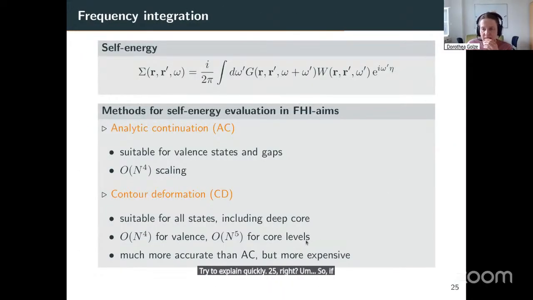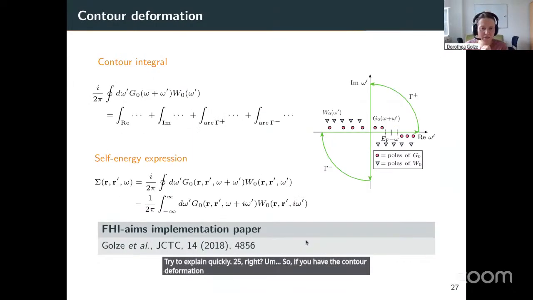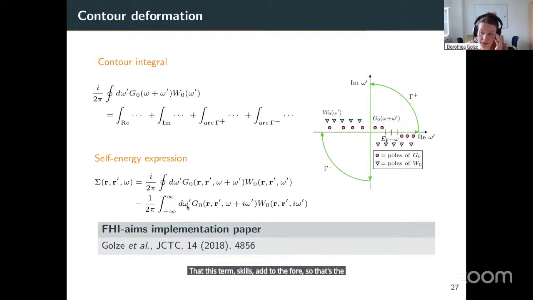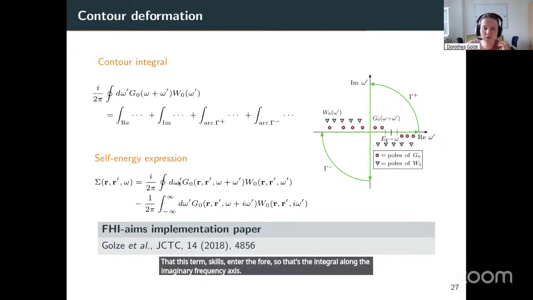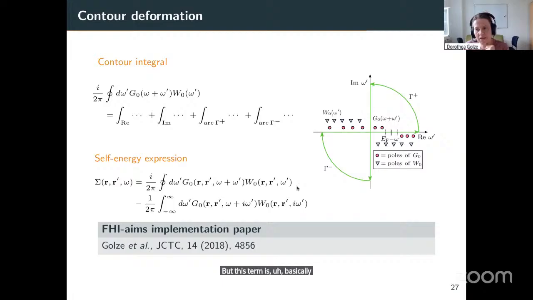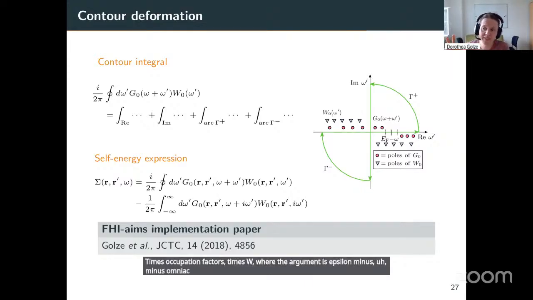So if you have the contour deformation, maybe this is better on this slide, you will see that this term scales as N^4, so that's the integral along the imaginary frequency axis. But this term is basically obtained by applying the residue theorem. So you end up with a sum over occupied states, times occupation factors times W, where the argument is epsilon minus omega, times the Heaviside step function.